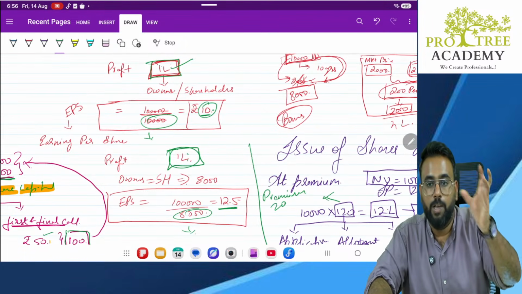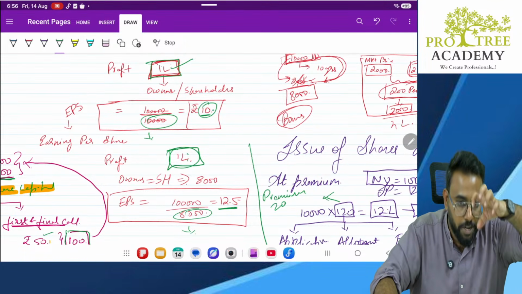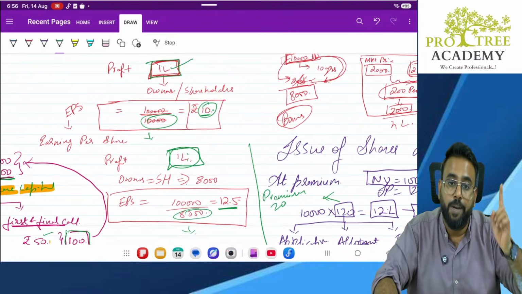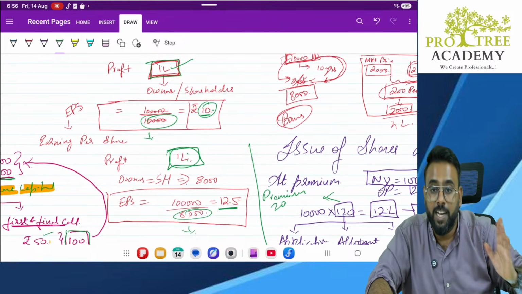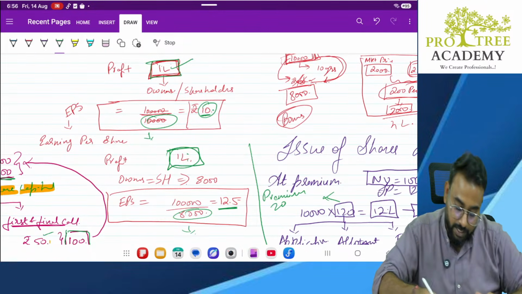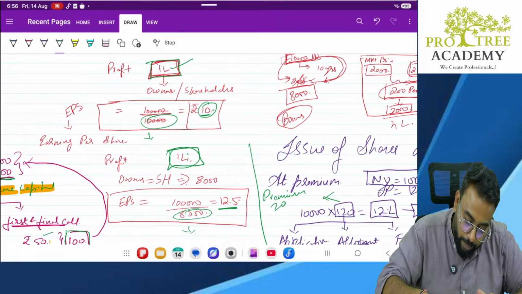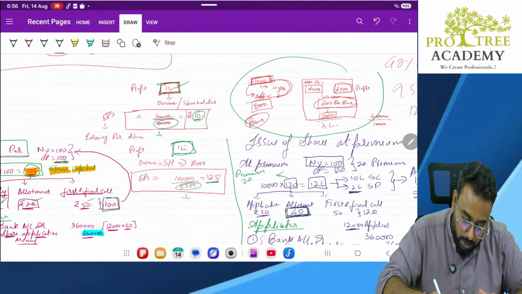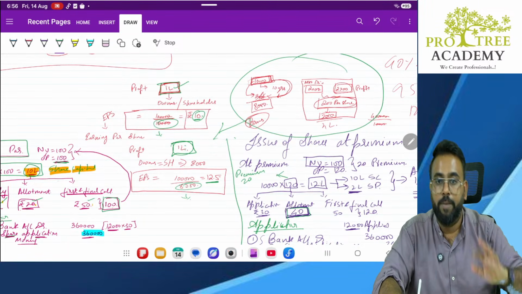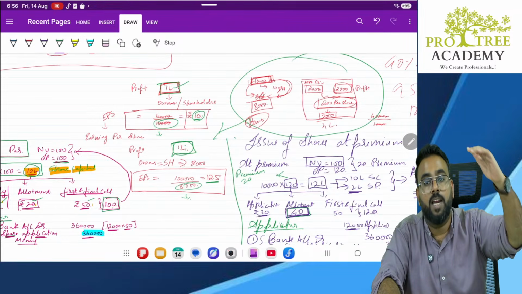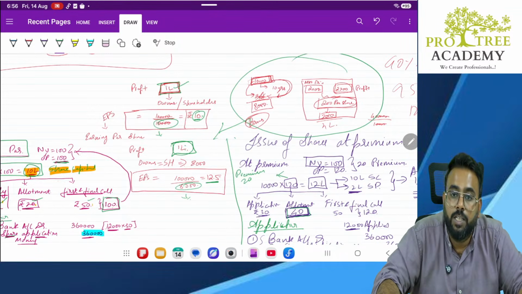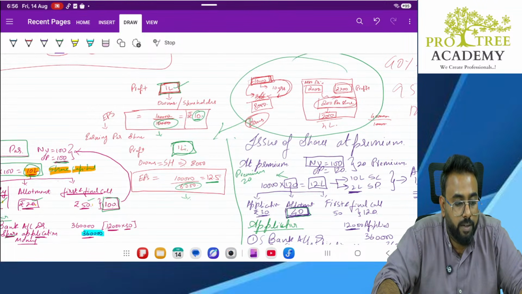So the moment your number of shares reduces, profit per share increases, earning per share increases. This is also one of the motives behind buyback, to increase the earning per share of the shareholders. Clear? Everybody understanding?